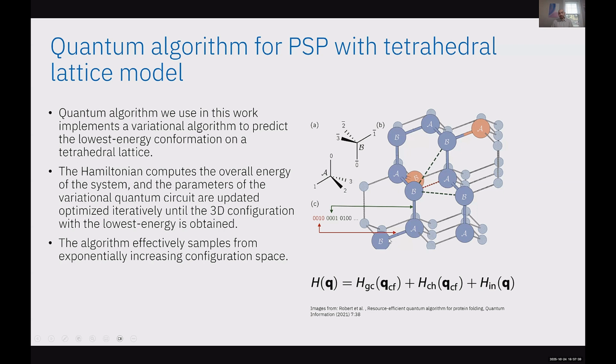In particular, you use a turn-based encoding, which means that for every possible turn that you can take, you want to associate a bit string. Naively, the first thing you can do is, for each direction, so you have 4 possible turns on a tetrahedral lattice, you say that if I'm taking a turn in this particular direction, this is going to be 1 and everything else is going to be 0.